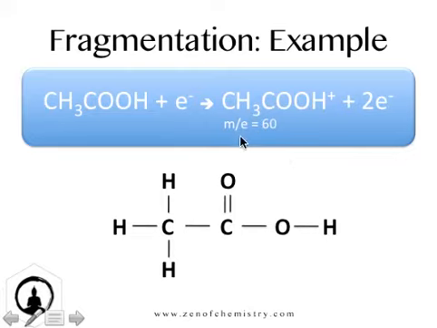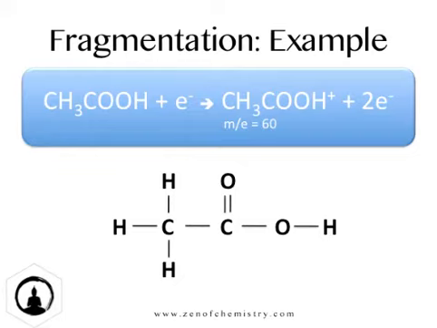It still has a mass to charge ratio of 60, or a molar mass. And that electron could be taken away from any of these bonds here. Depending on where that electron has been ejected from and how well that molecule can compensate for that, the molecule then breaks into pieces.